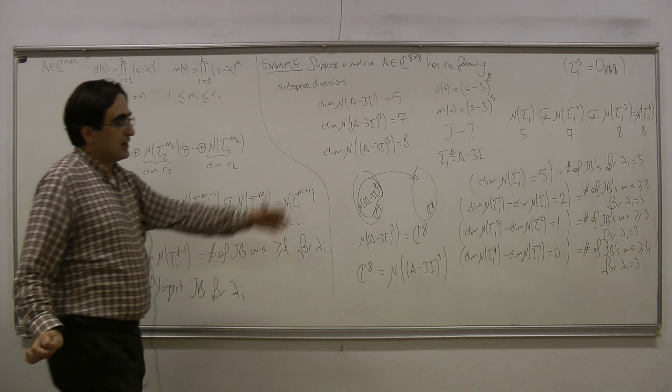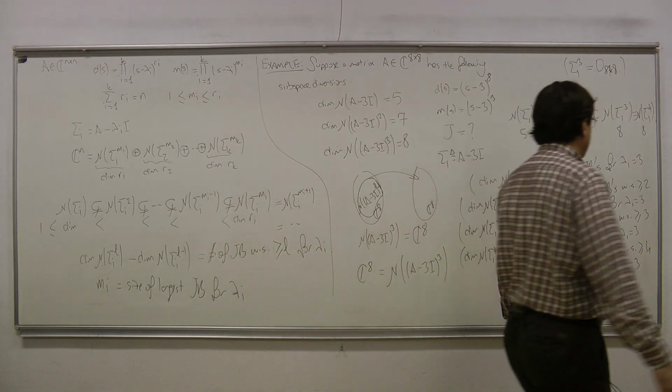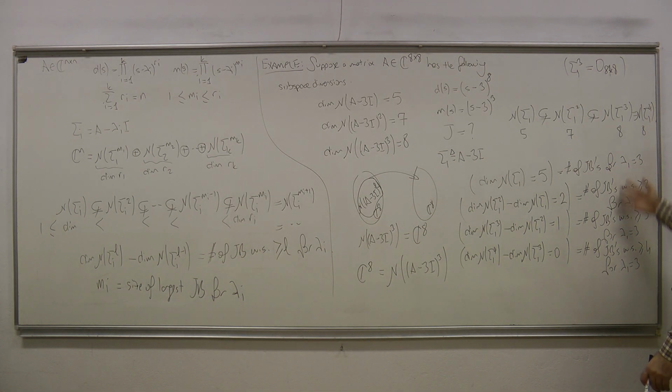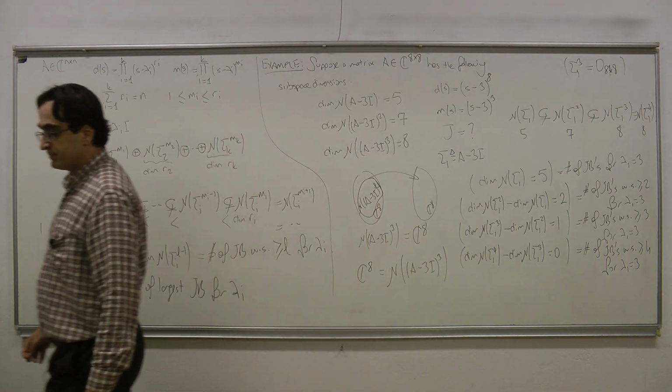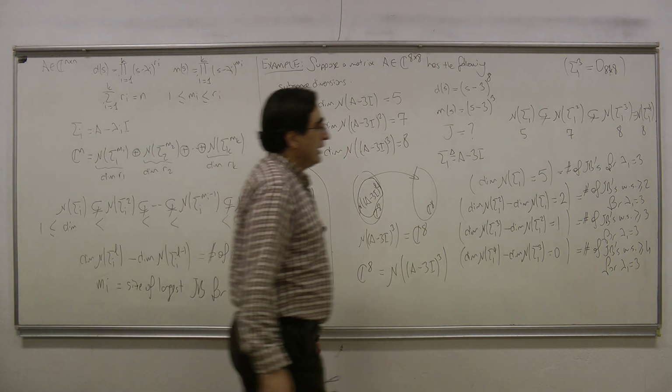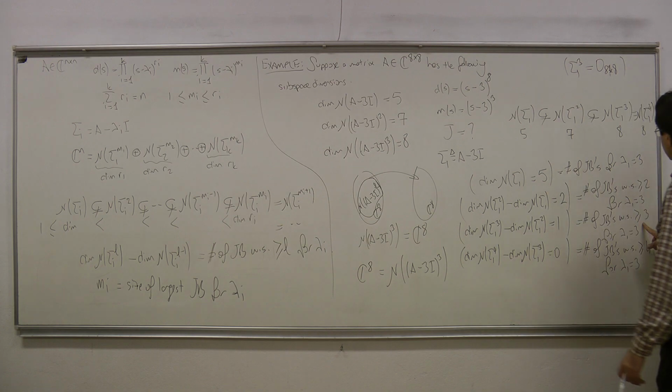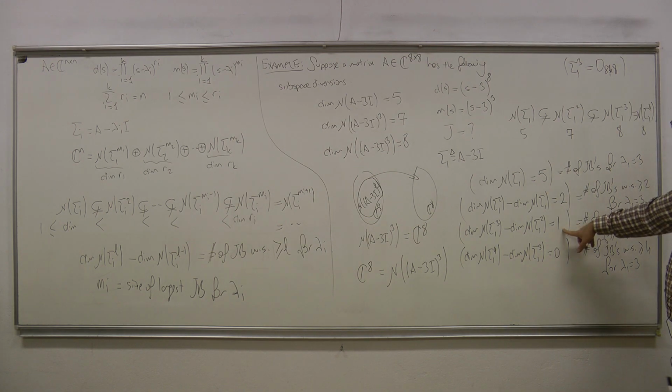So now from these numbers I can actually try to extract the total number of blocks with different sizes. We see that I have 0 Jordan blocks whose size is 4 or larger. And the number of Jordan blocks whose size is larger than or equal to 3 is 1.